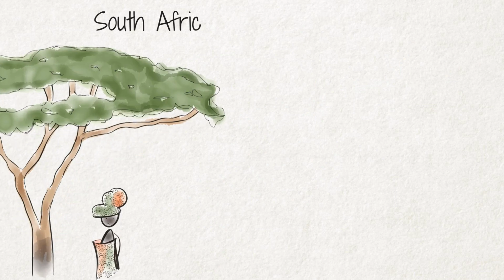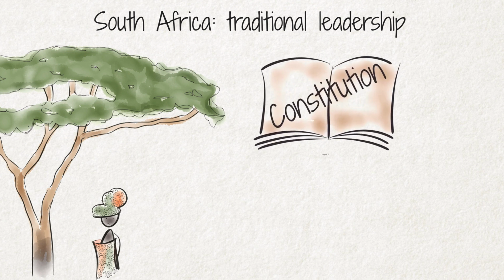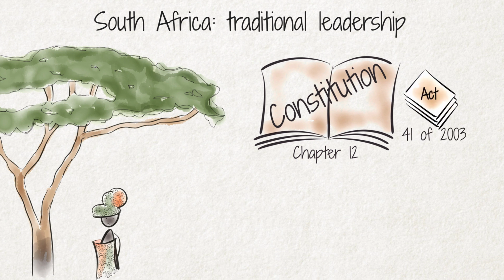While not usually part of government structures, in South Africa, traditional leadership is another institution of governance that plays a role in the lives of many people. The South African Constitution officially recognizes in Chapter 12 the institution, status, and role of traditional leadership. Act 41 of 2003 also deals with traditional leaders within the country's governance framework.